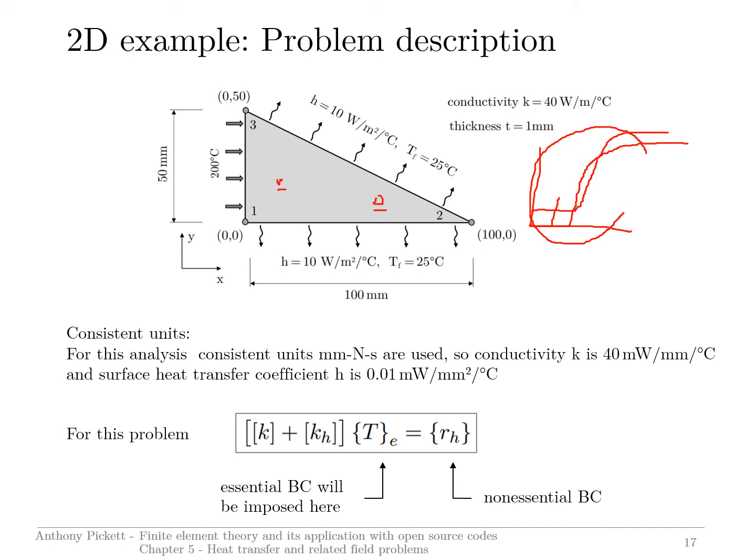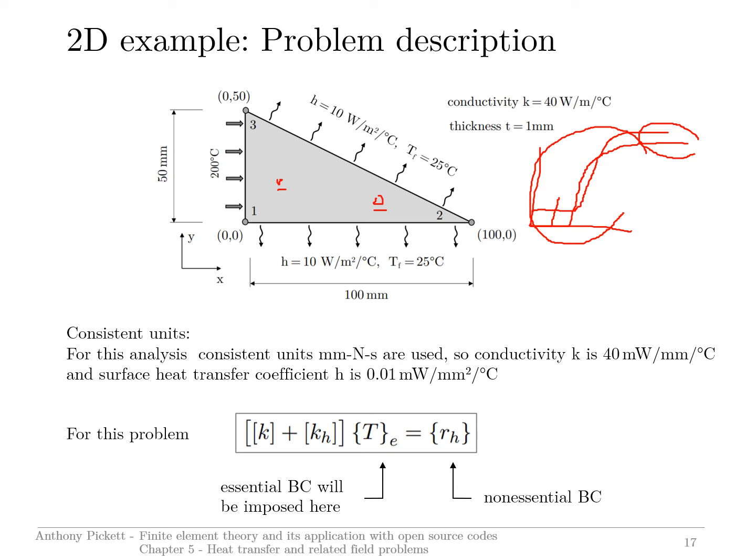If we were to ignore this capacitance term in the equations for this flow process, then what we would obtain is the steady state results. We would obtain just these temperatures when the whole process has reached this steady state. And that is in fact what we are doing here.